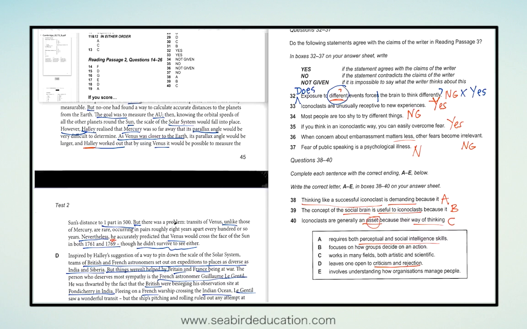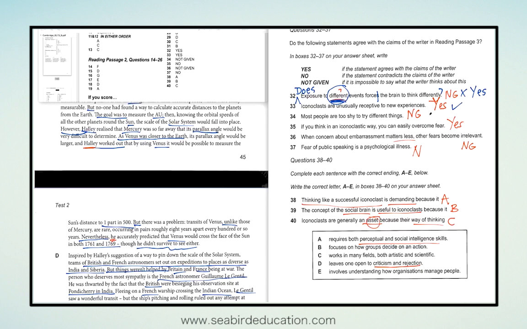If you can leave a comment as to what they mean by number 32, because I understand if it's new events or events that you've never experienced before, then I would have put yes, but I had a problem with this word. So if you can find what they're referring to and the answer is clearly yes, I'll be happier, but I'm not exactly convinced this is a well-worded question.